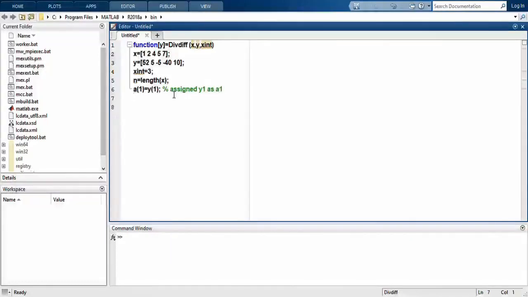Now for i equals 1 to n minus 1, because if you have n points, then the first order divided differences will be n minus 1, because a divided difference between each two consecutive, adjacent points will be one less than the number of points.